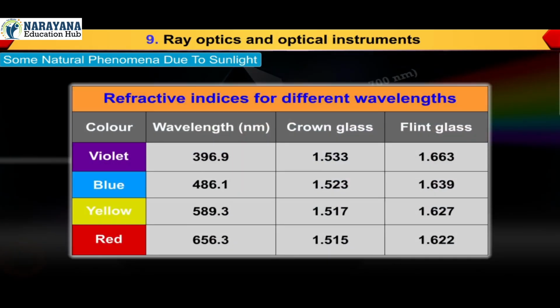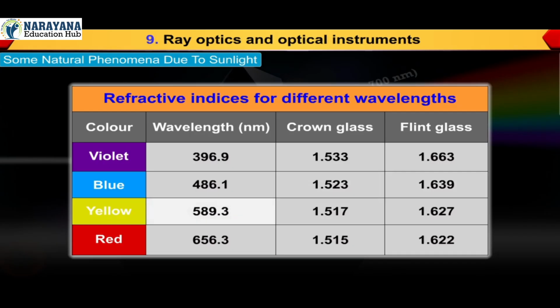Refractive indices for different wavelengths. Color, wavelength in nanometer, crown glass, flint glass. Violet, 396.9, 1.533, 1.663. Blue, 486.1, 1.523, 1.639.